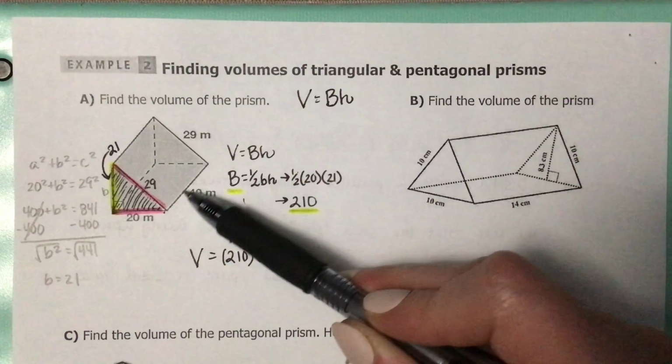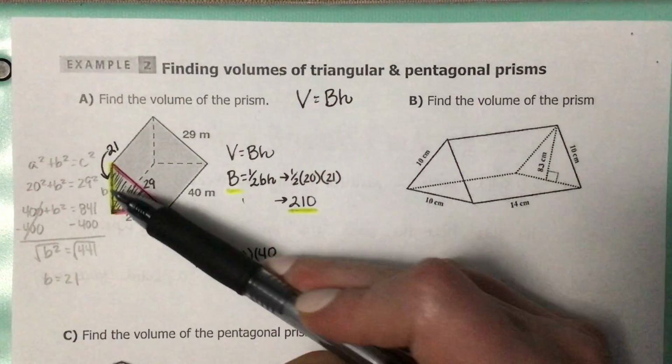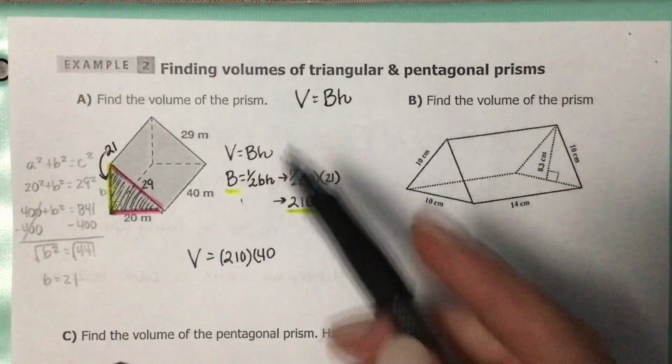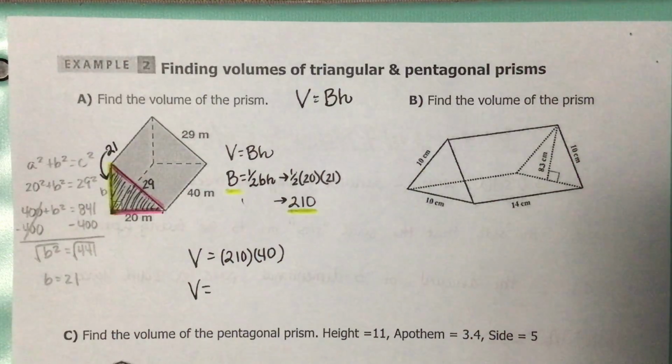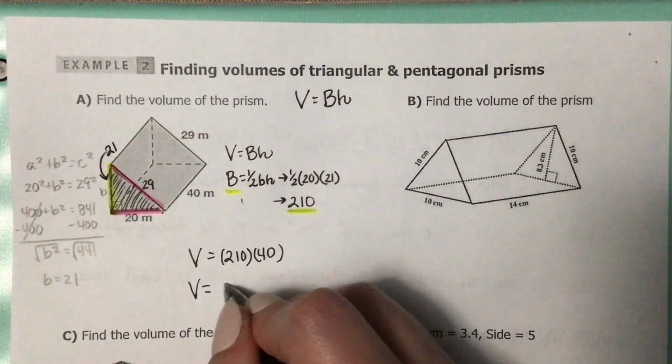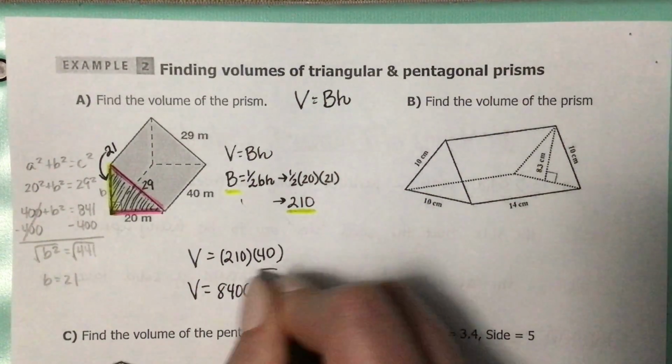So this is how long or how tall the block would be if we sat it back up on this, okay? So we've got 210 times 40, and when we do that, we get 8,400, and then we're working in meters, so cubic meters.